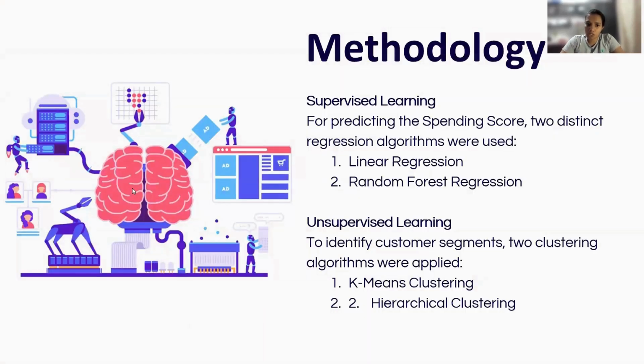Under the methodology, as I mentioned earlier, we use two types of machine learning algorithms, supervised learning and unsupervised learning. Under supervised learning, we use two types of algorithms: linear regression and random forest. And under unsupervised learning, we use k-means clustering and hierarchical clustering.